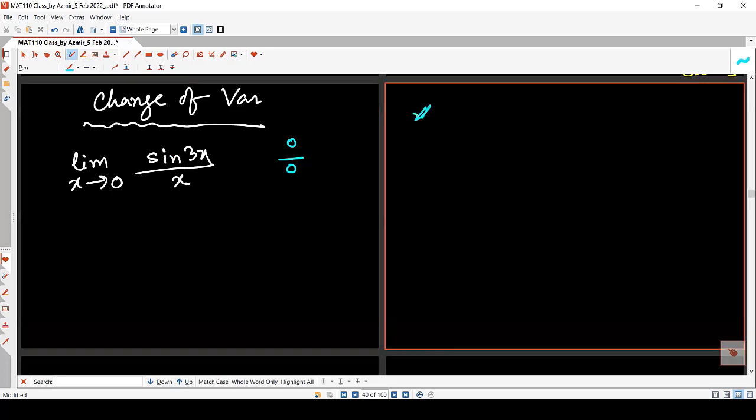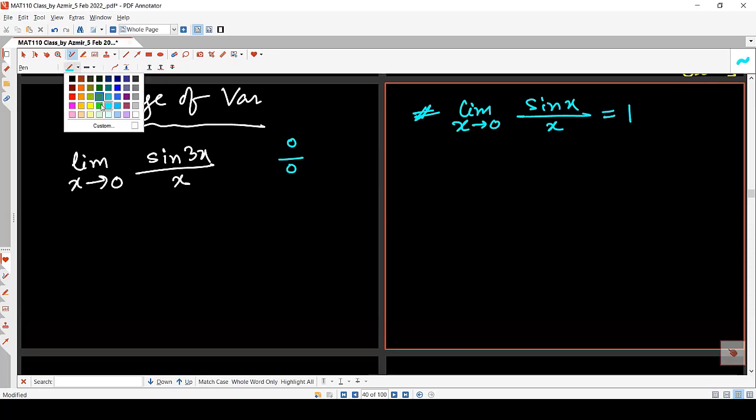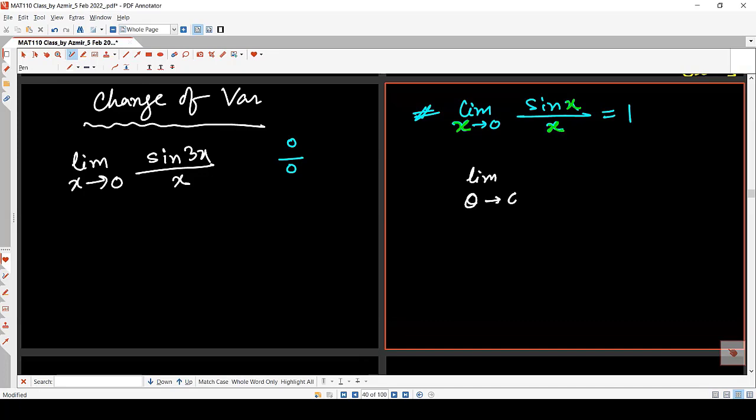Let us recall a formula that we know. Limit x tends to 0, sine x divided by x equals 1. I have written these formulas previously. Okay, this x doesn't matter. We may have another format, that is limit, say we have theta tends to 0, sine theta divided by theta equals 1.